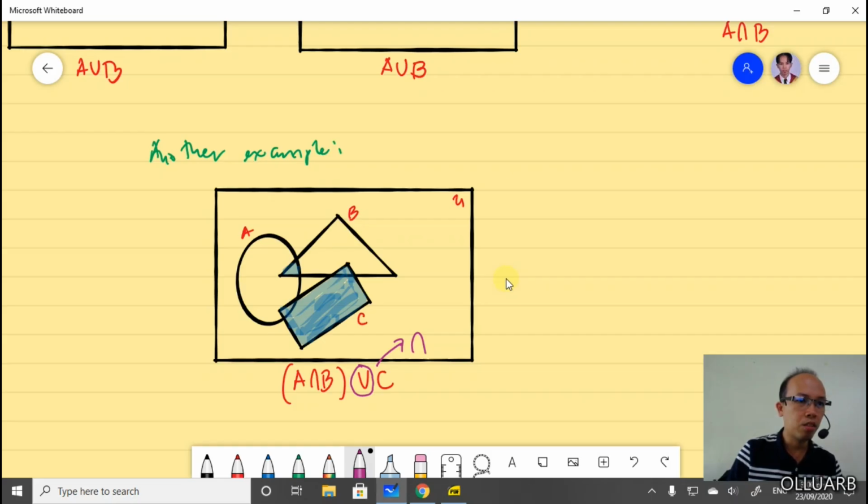So the answer is empty. You don't have to shade any part of this set if you change that one.